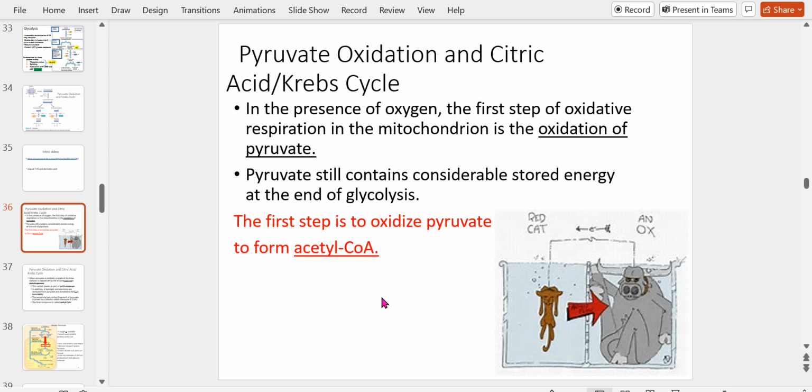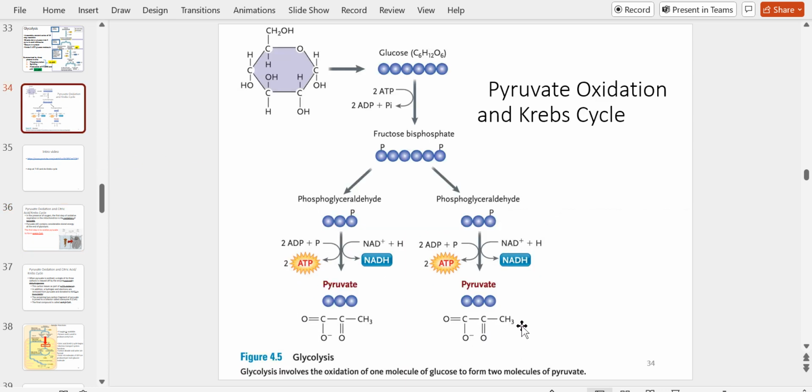Small amount of ATP, an ancient cycle, good for bacteria, not great for long-distance runners. In the presence of oxygen, the first step of oxidative respiration in the mitochondria is the oxidation of that pyruvate, because that's what we ended up with. That's as far as glycolysis will go.